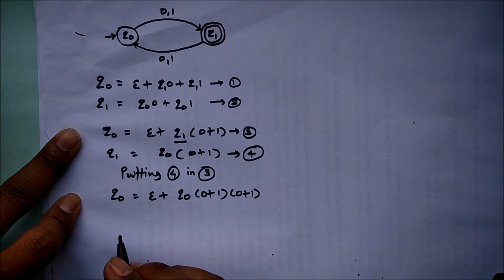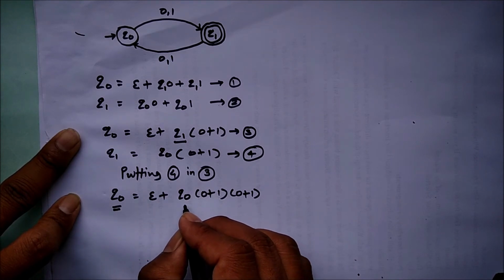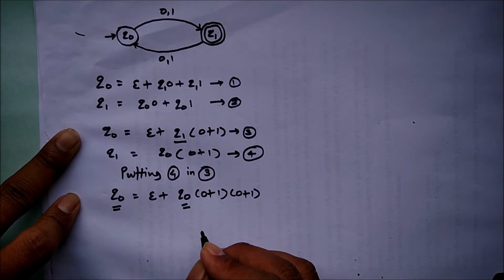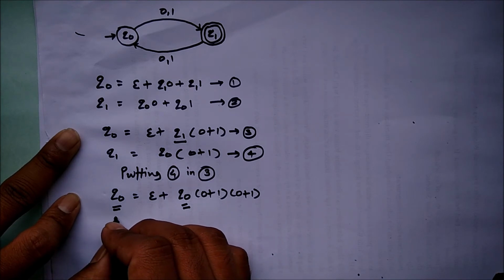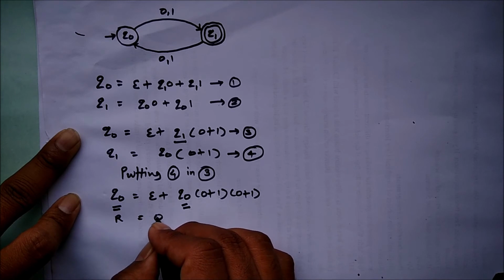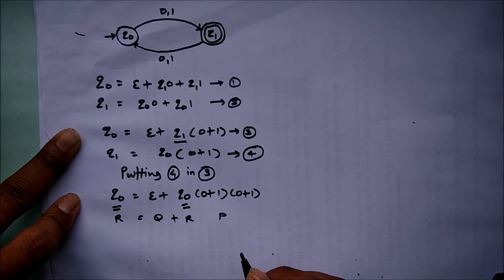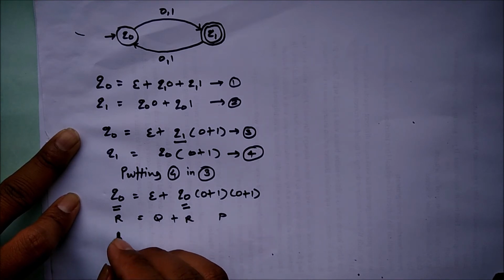Simple. And now if you observe, you can see this R is equal to Q plus RP. We have got it in that form, R is equal to Q plus RP, right? So this can be reduced to R is equal to QP star.